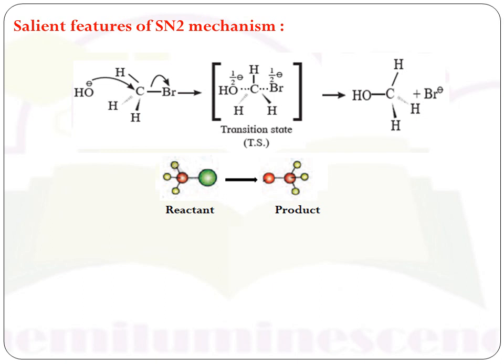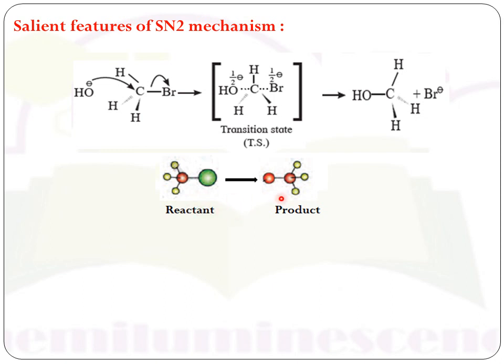If the SN2 mechanism takes place at a chiral carbon, that is the carbon which is bonded to 4 different atoms or groups of atoms, then the product formed will have the opposite configuration to that of the substrate, that is the reactant. Hence, inversion of configuration.